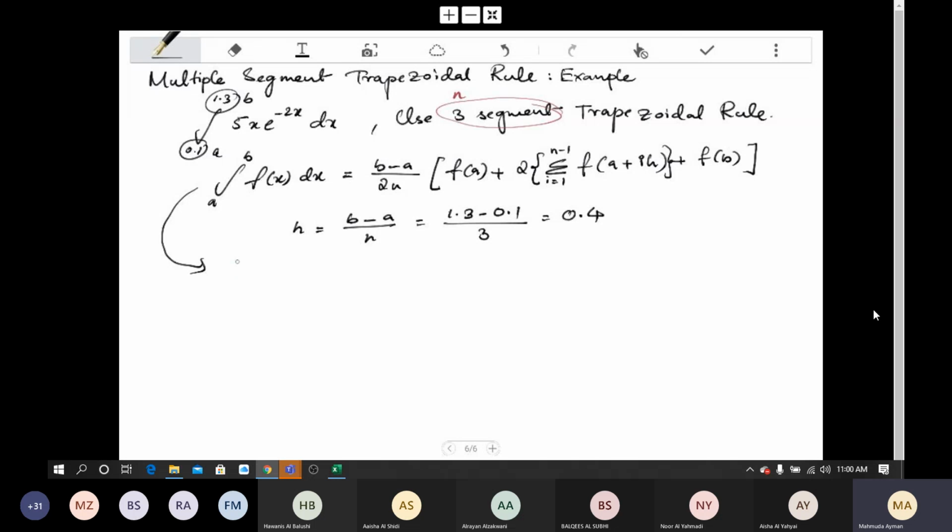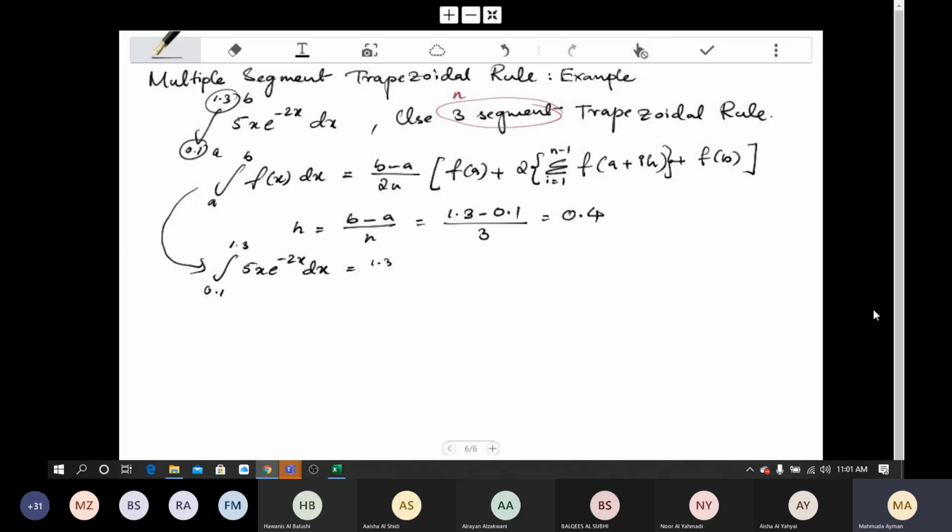So we have the integral going from 0.1 to 1.3 of our function, 5 times x e to the power minus 2x dx, is equal to b minus a.